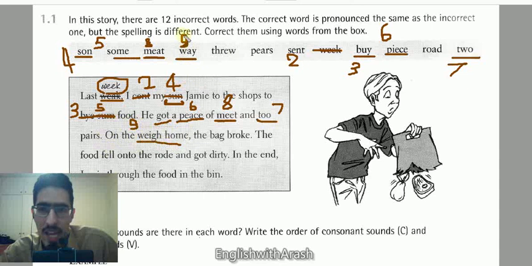The way home. Way. The bag broke. Okay. The food fell onto the road. Way, good honey. W-A-Y, way.